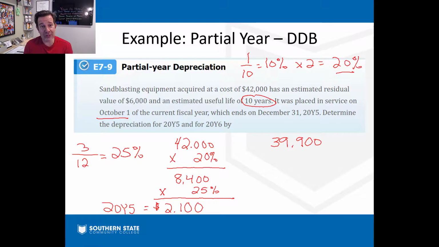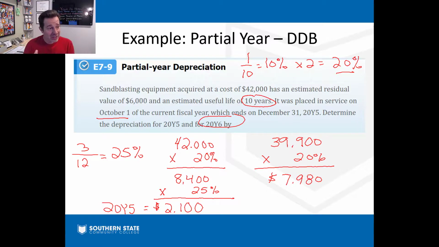That's our book value at the beginning of year two. We'll multiply that by our 20% rate. 7,980. So that would be my depreciation for year two. We're taking the full year. I don't need to prorate it because we have it for the entire year.